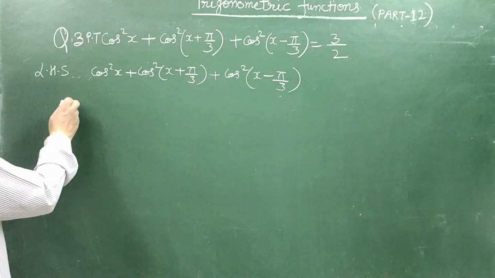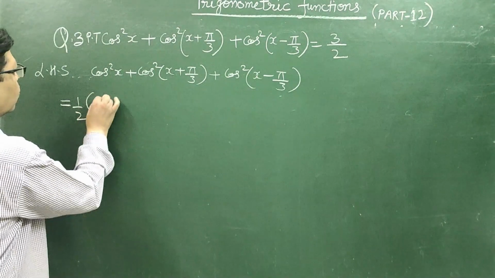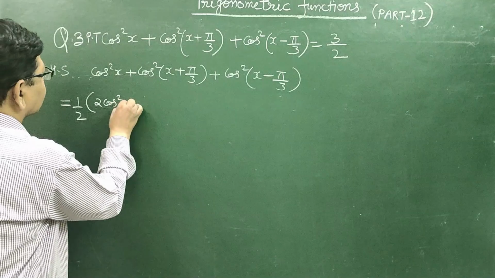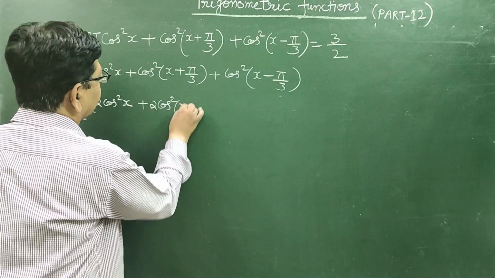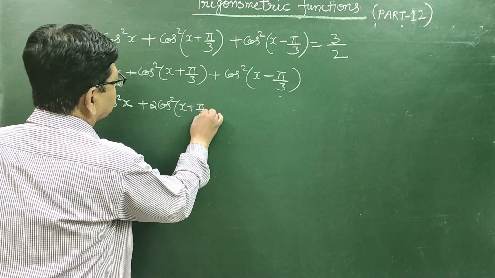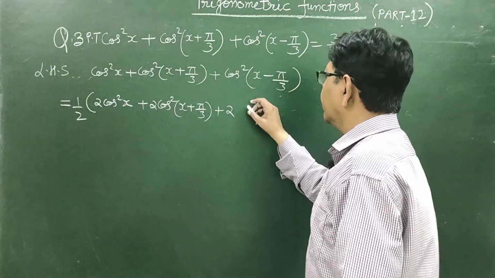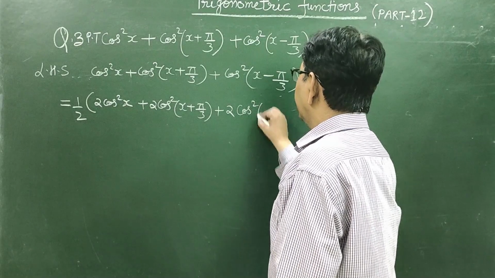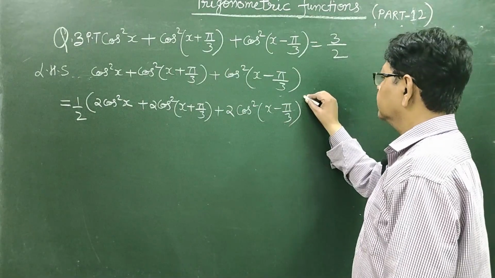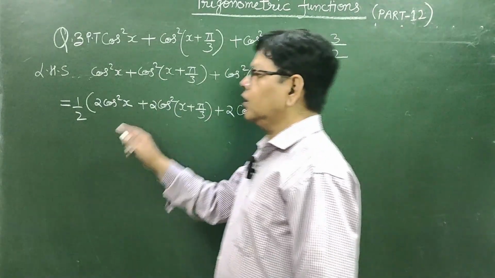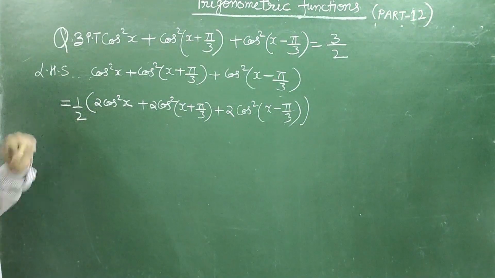So dividing by 2 and multiplying by 2: 1 upon 2 into 2 cos square x plus 2 cos square (x plus pi upon 3) plus 2 cos square (x minus pi upon 3). In the numerator multiply by 2, denominator balance it by 2 here.